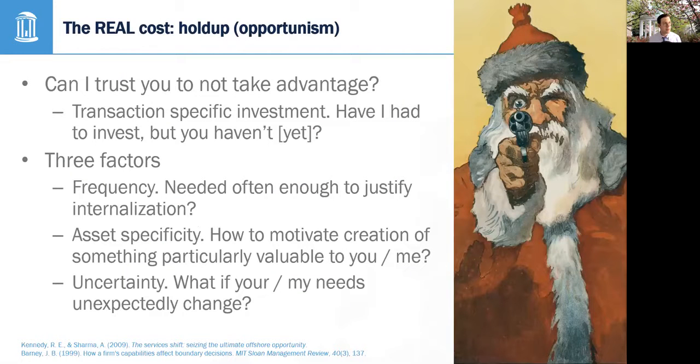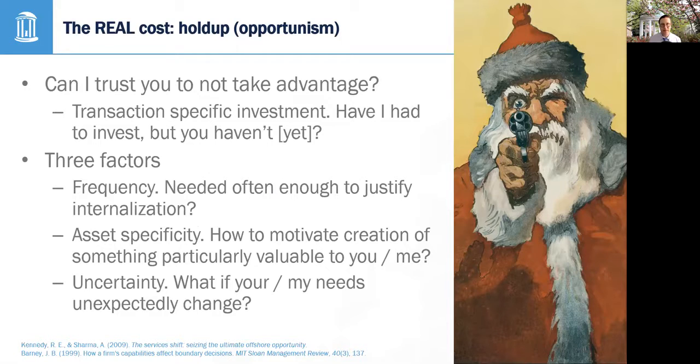The next part that we talked about in this course was transaction cost economics. And this is another way of thinking about whether or not value is best created within a firm or between firms. The central question or issue in transaction cost economics is the issue of holdup or opportunism. And that often comes up with questions of transaction-specific investments or idiosyncratic investments.